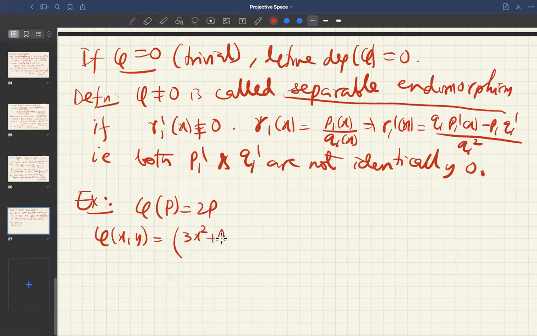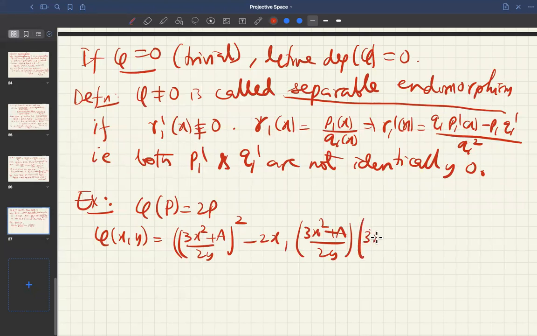Three x square plus a by 2y, whole square, minus 2x, then 3x square plus a by 2y, whole square, minus y.